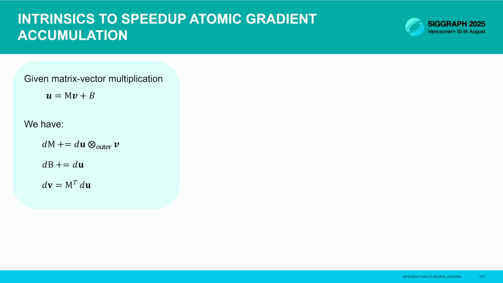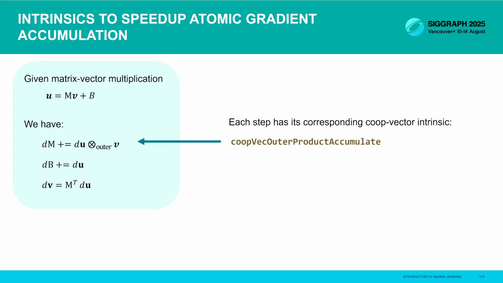Fortunately, for each term that we need to propagate gradients into, there is a corresponding CoopVec intrinsic to do exactly that. To propagate the gradients to the weights matrix M, we will call CoopVec outer product accumulate to compute the outer product of dU and V, and atomically accumulate the resulting matrix to dM.